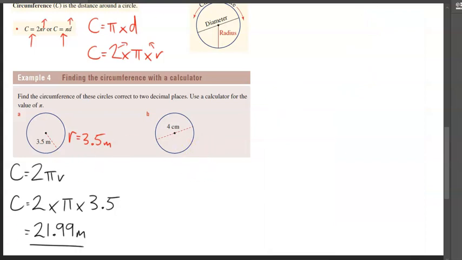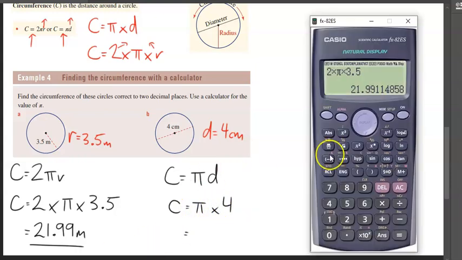Second example, here we have the diameter that has been given. The diameter in this case is 4 centimeters. We're using the formula circumference is equal to pi times diameter. We know our diameter is 4, so it's just pi times 4. So shift that button there, and it should pop up with 4 pi.